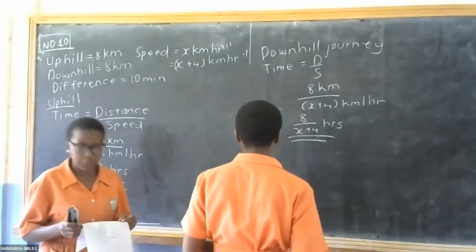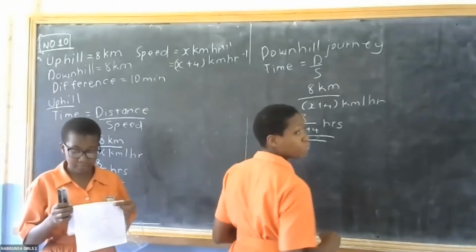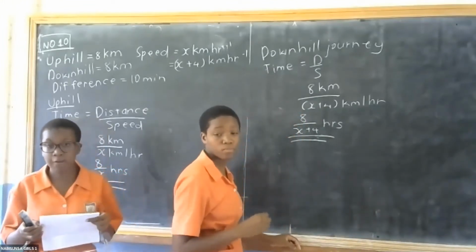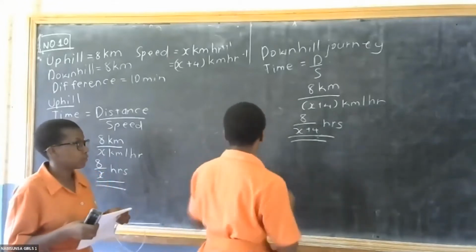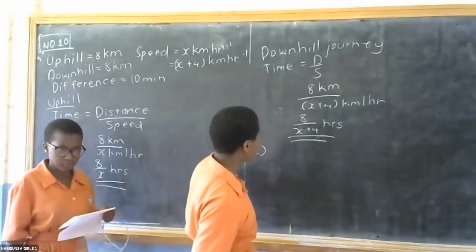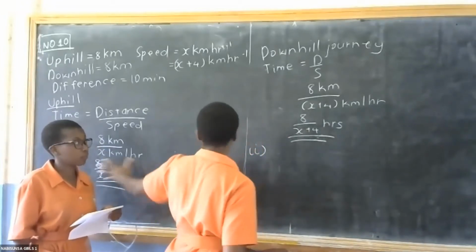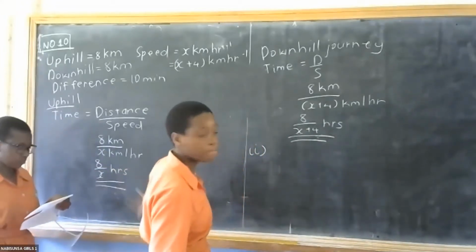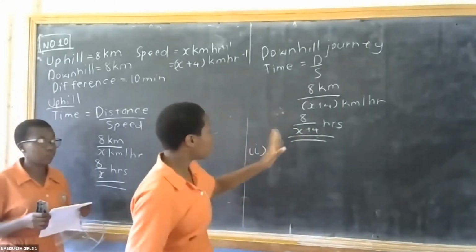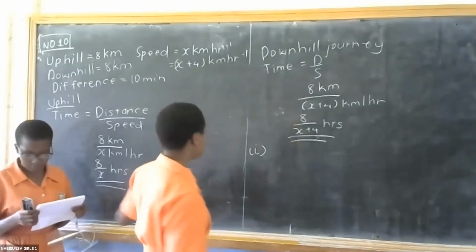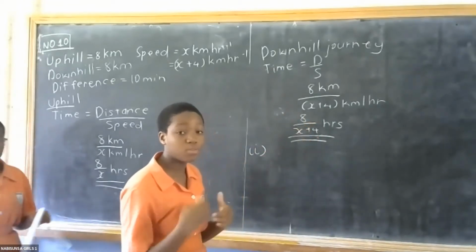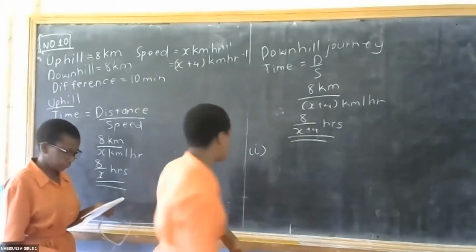Now the second part: using expressions, form a quadratic equation for the difference in time for the two journeys. The difference in time will be the first time minus the second time, because for the second journey he was more speedy, hence he used less time.